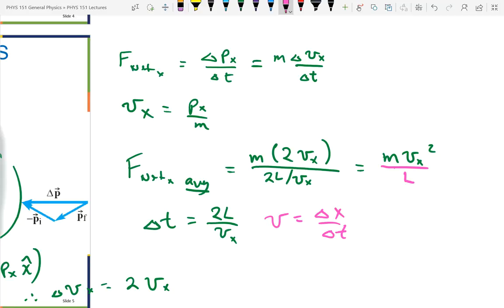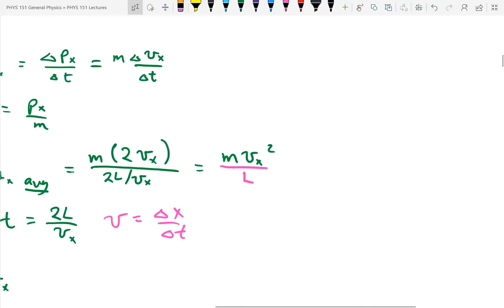Now, I want to have a whole bunch of particles because I have a gas with n particles. So if I have 2 particles, what's going to happen to the average force? It's going to double. And if I have 3, it's going to be proportional to n.